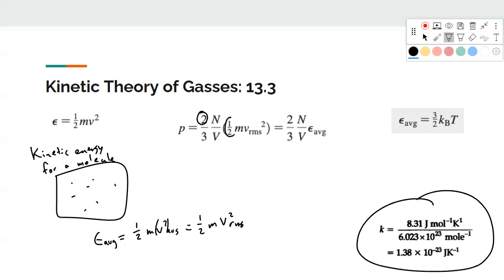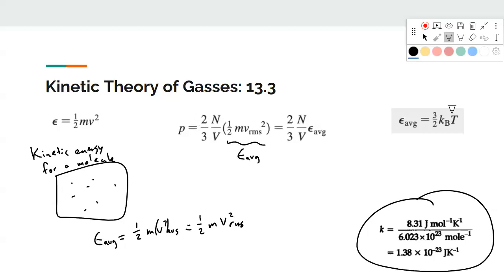We group one of those with the m and the v, so that this is the average kinetic energy of each gas molecule, and this extra 2 hangs out in the numerator.